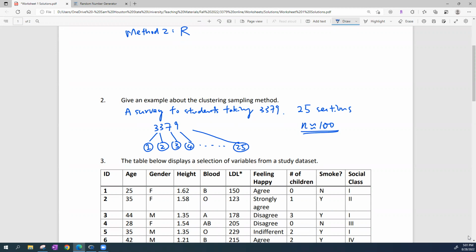Each section we have about 35 students, so that's about 3 sections. So what we need to do is randomly sample from 1 to 25 with the sample size equal to 3, because we want 3 numbers from 1 to 25.